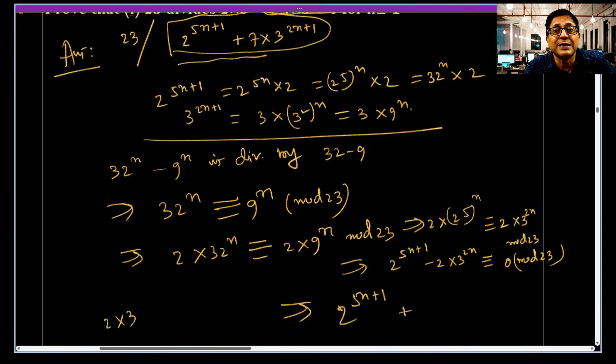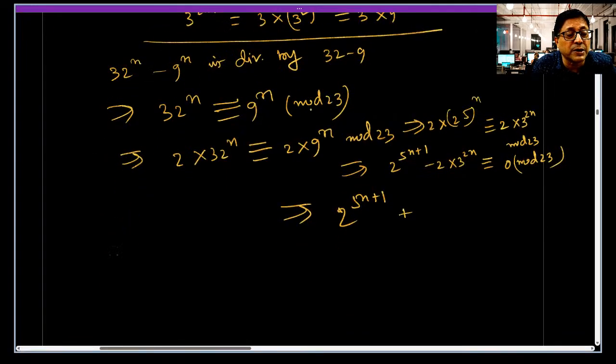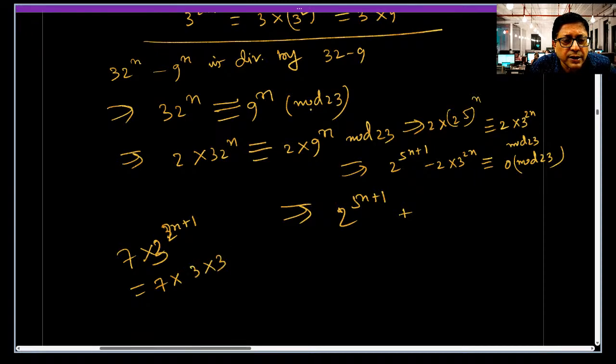The expression you have to get is 7 into 3 to the power 2n plus 1, isn't it? So this is nothing but 7 into 3 into 3 to the power 2n. So if you get 21 over there, then it is fine.